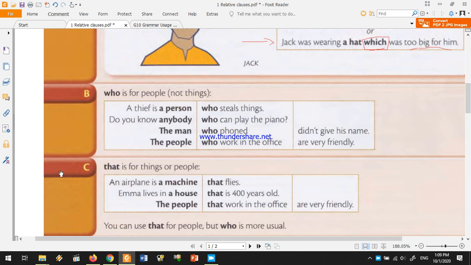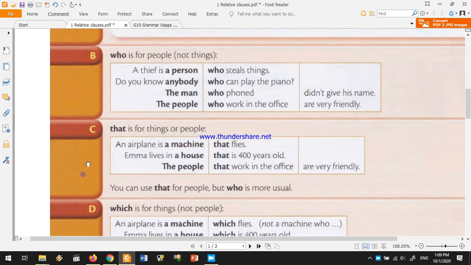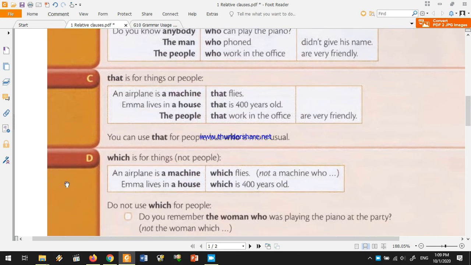Alright, next let's take a look at this example. An airplane is a machine that flies. The original sentences were an airplane is a machine, or the machine flies, or it flies. Same goes with which.